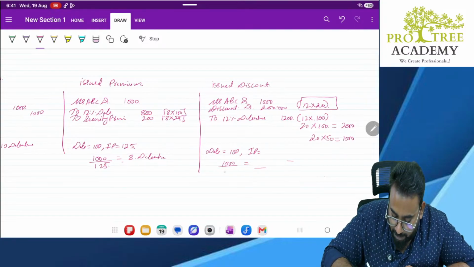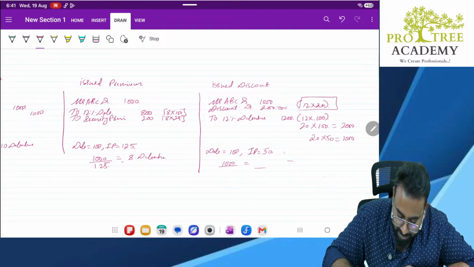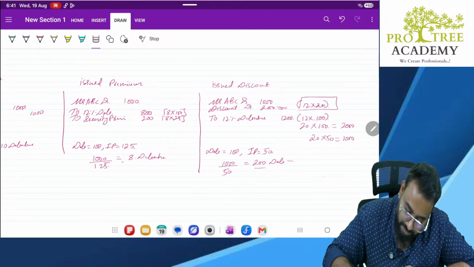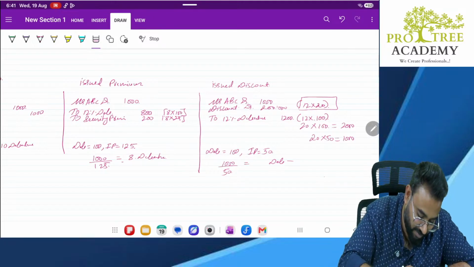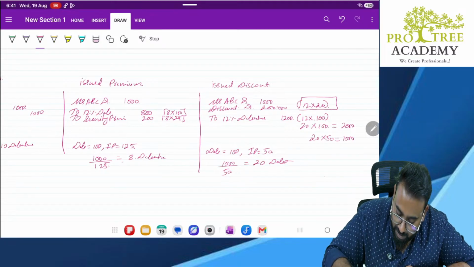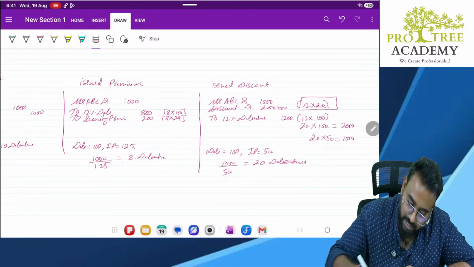It can happen if the company is very weak. That will be 200? Sorry, 20 debentures.